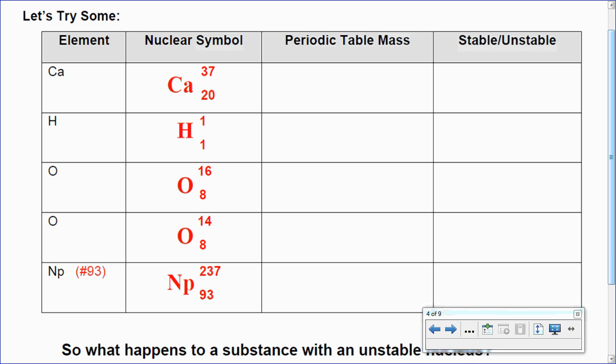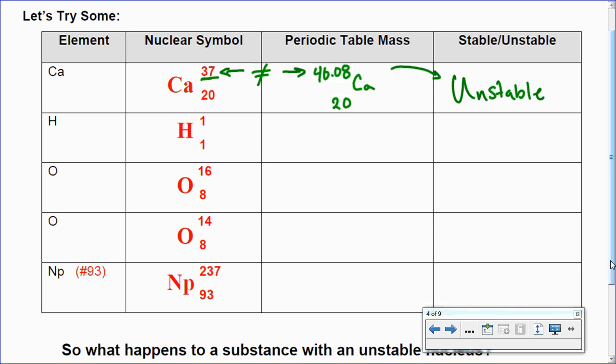So calcium has 40.08, and of course it's got 20 protons because otherwise it wouldn't be calcium. So we look here, the nuclear symbol 37 is not the same as 40. So this is an atypical isotope of calcium, and we would say that it is unstable because 37 is not equal to 40. Therefore, it's unstable.